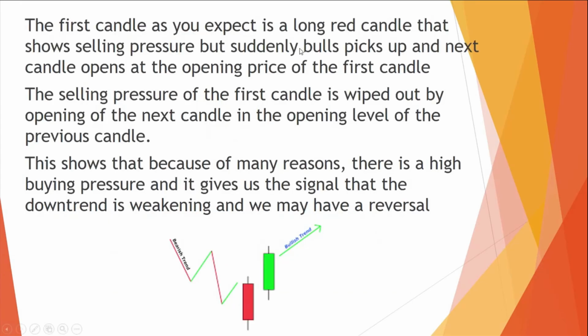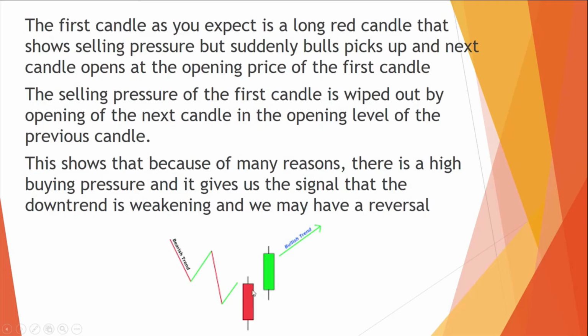The first candle is a long red candle that shows selling pressure, but suddenly the bulls pick up and the next candle opens at the opening price of the first candle. The selling pressure of the first candle is wiped out by the opening of the next candle at this level of the previous candle.